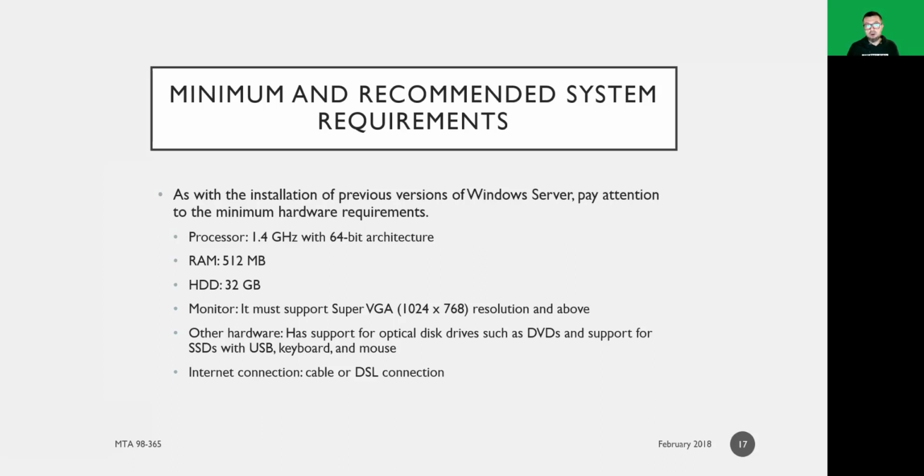Then obviously a monitor that can support Super VGA. Other hardware: a DVD drive will help, SSDs, USB, the keyboard and the mouse, and we need the internet connection as well.